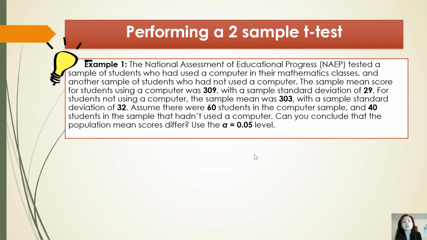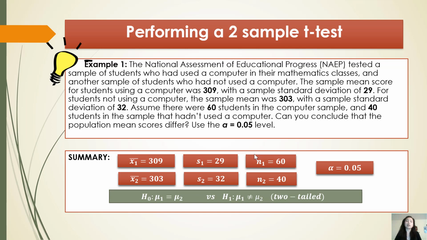For students not using a computer, the sample mean was 303, with a sample standard deviation of 32. Assume that there were 60 students in the computer sample and 40 students in the sample that hadn't used a computer. Can you conclude that the population mean scores differ using alpha equal to 0.05 level?